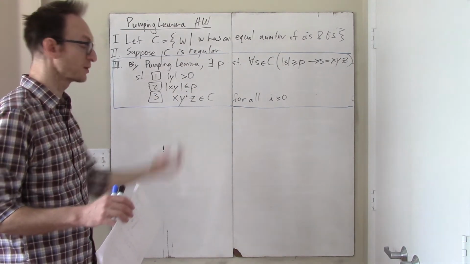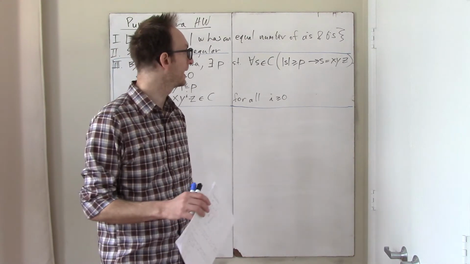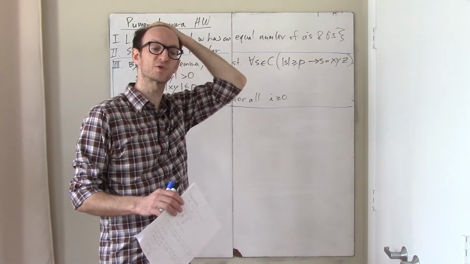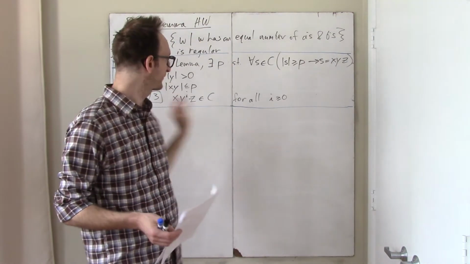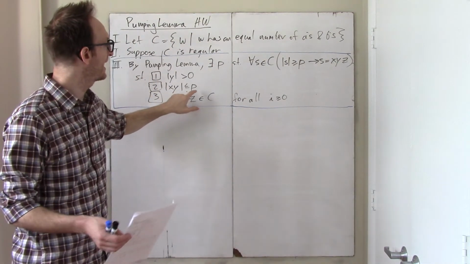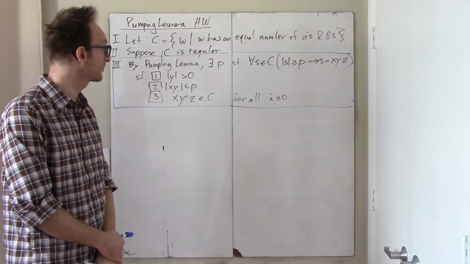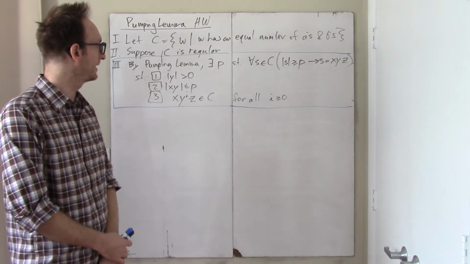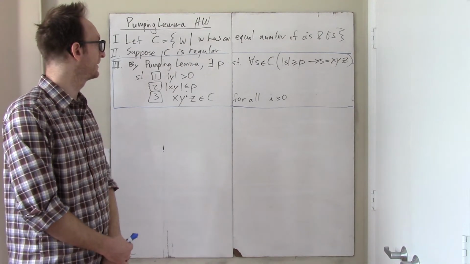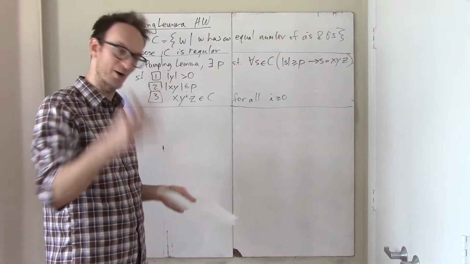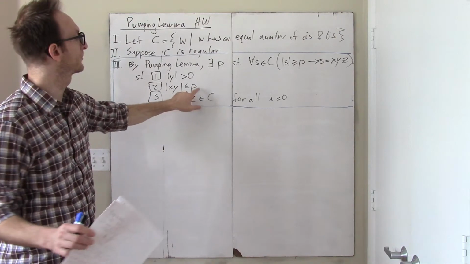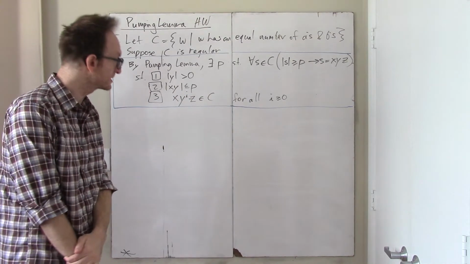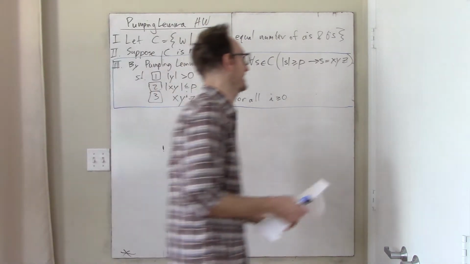So the loop must occur in a piece of the string where the part before the loop and the loop have to be fewer than the number of states, for the same reason that we just said. It's just the pigeonhole principle applied to the number of states. But then, of course, maybe a little tiny picture is worth it.